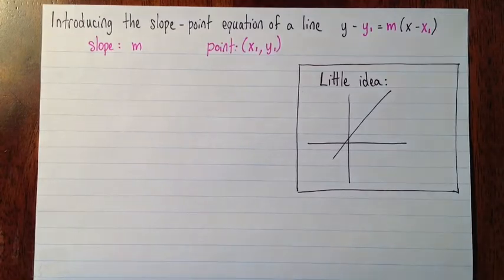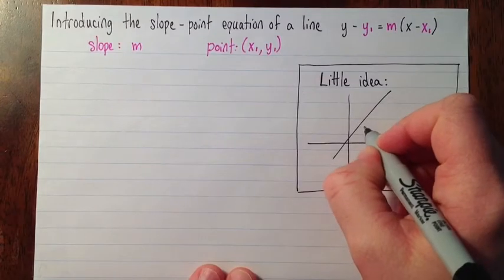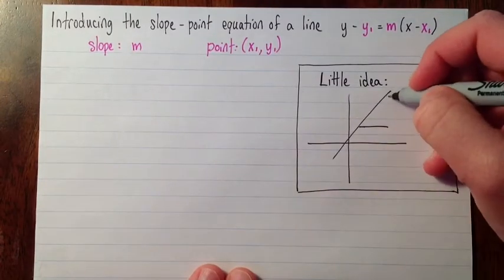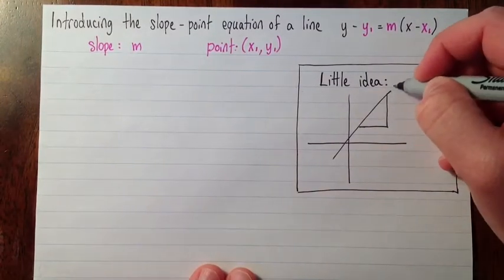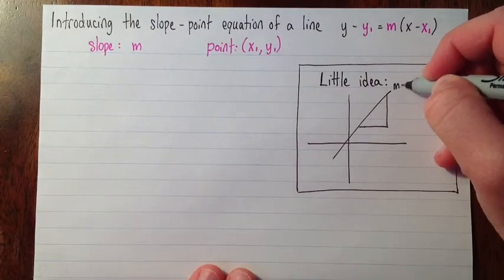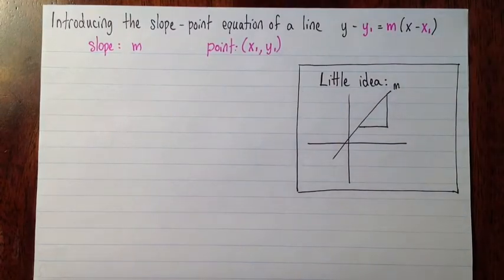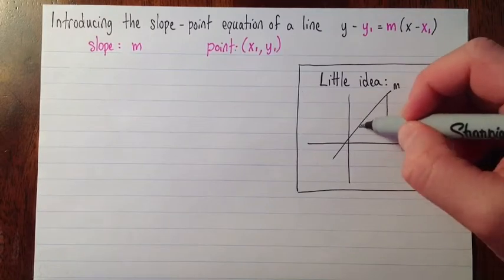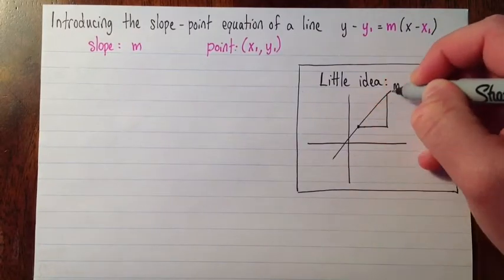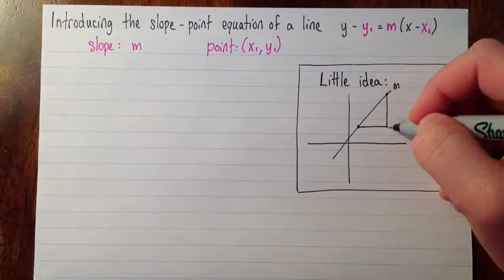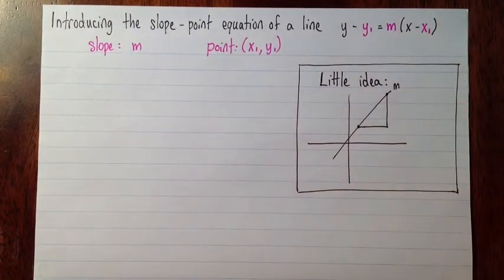Okay, so before I start into the main thing, I just want to talk about a little idea about what the concept of slope means. It's something I'm going to use, so I thought I'd mention it first. Suppose this line has a certain slope, m. If I pick 2 points on the line, and then I draw in this little triangle here, we often draw this when we're calculating the slope.